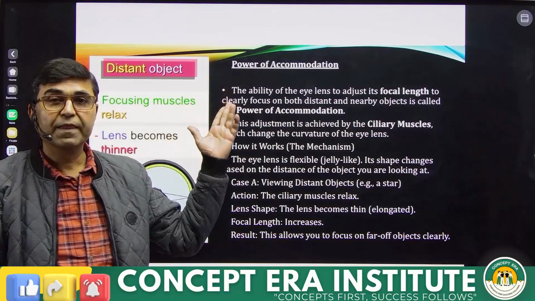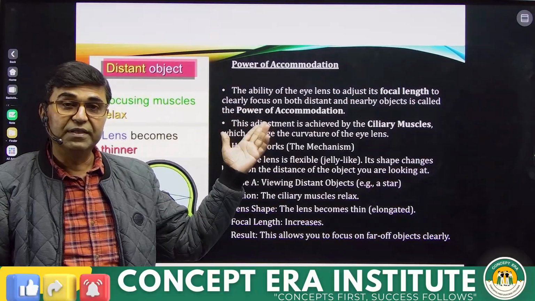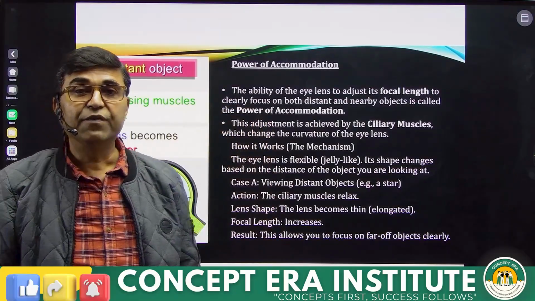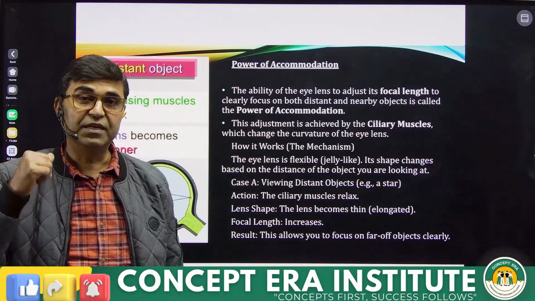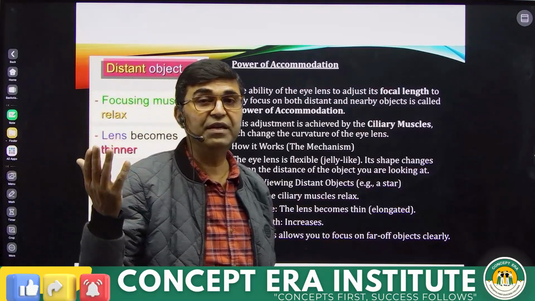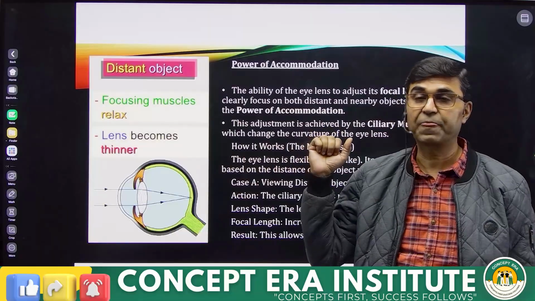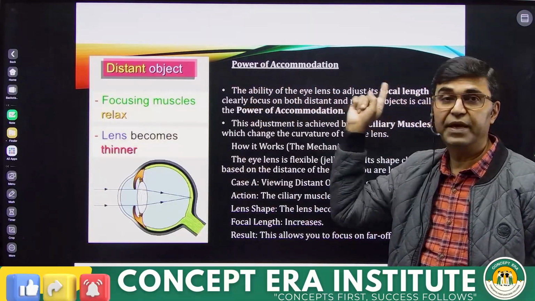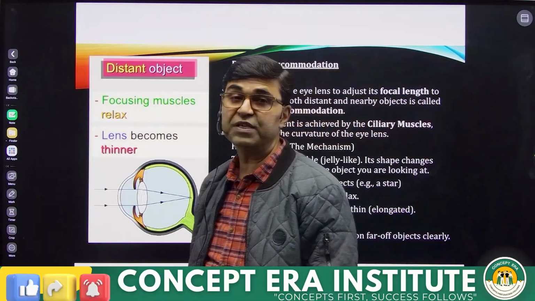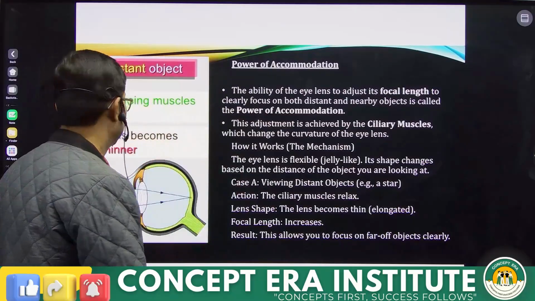Now, what is that property of the eye by which we can see distant objects and nearby objects with the same clarity and with a single lens? That is the power of accommodation. What is the power of accommodation?